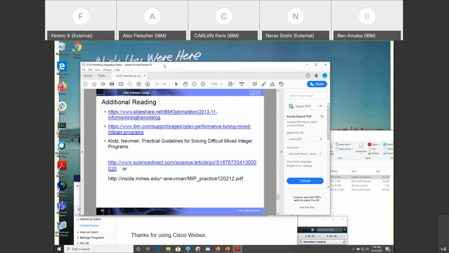The minimum is 10% by each release. And as I said, the categories are the LP, the MIP, and the quadratic. And also we have now Benders, 2 or maybe even 3 releases before, and we made quite large progress on those. So the minimum is 10%. Sometimes it goes up to 30% from release to release, depending on the category.